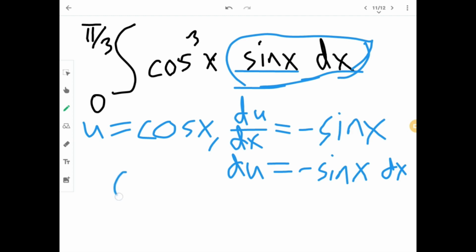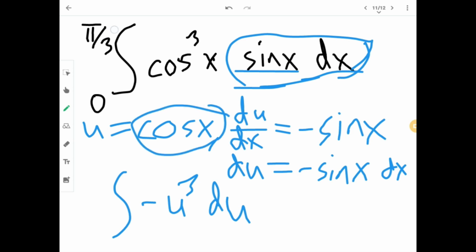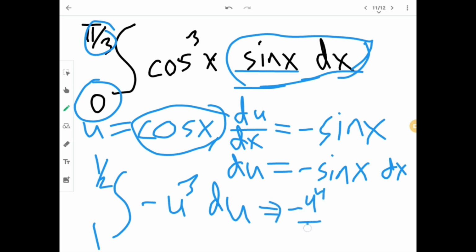So then it becomes the integral of minus u cubed du, and then for the bounds, since u is cosine, you just substitute these in. So cosine pi over 3, cosine 60, is half. Then cosine 0 is 1. So this then becomes minus u to the power 4 over 4, from half to 1.